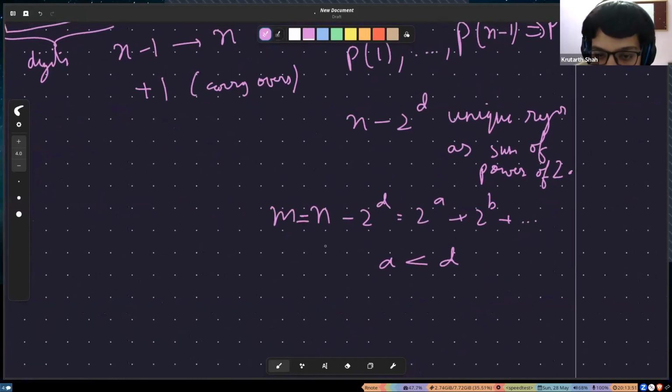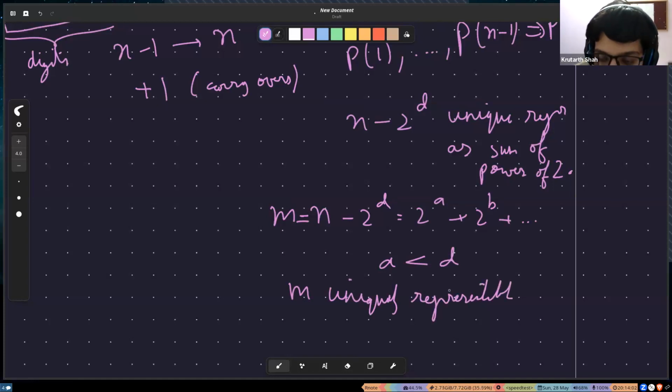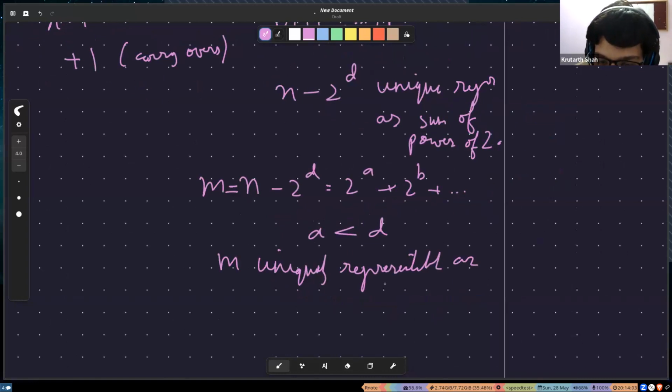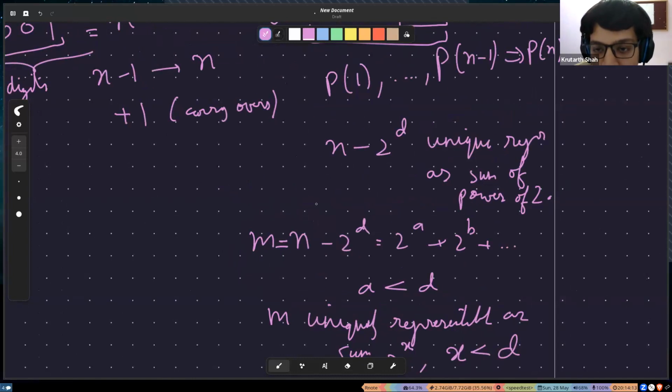So this number, let's call it m, right? So we know that m is uniquely representable as sum of powers of 2 with the largest power less than d.